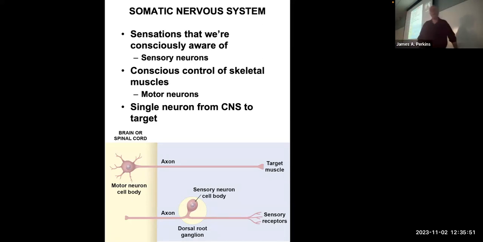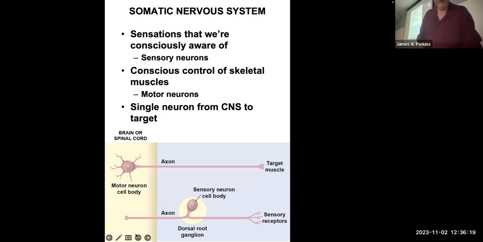And when I say there's a single axon or a single neuron, typically there are many thousands of neurons that are innervating any given muscle in your body. They're all running together though. When I say single neuron, I just mean that each neuron is continuous all the way from the central nervous system to the target muscle. There's no synapse or no second neuron along that course.